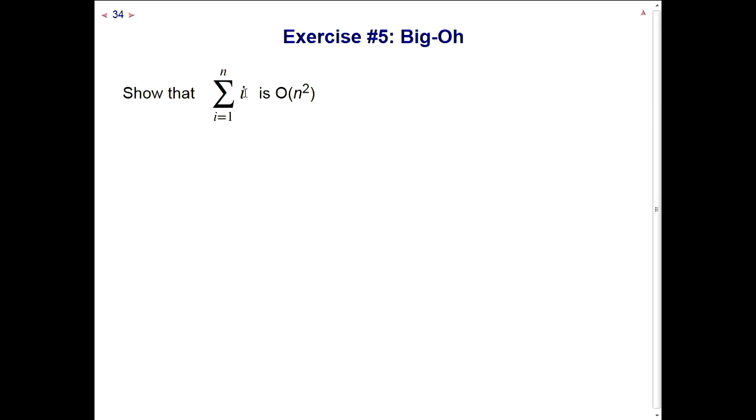Yes, the sum of n numbers gives you n times (n plus 1) divided by 2. Yes, that's right. So I hope everyone knows how to compute that sum.